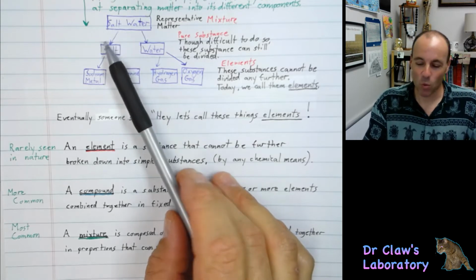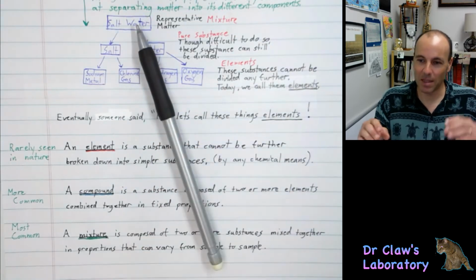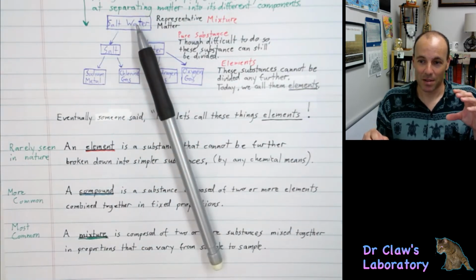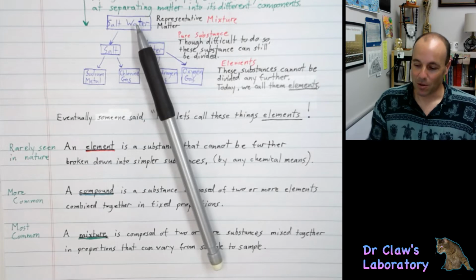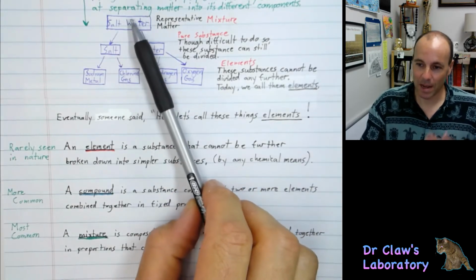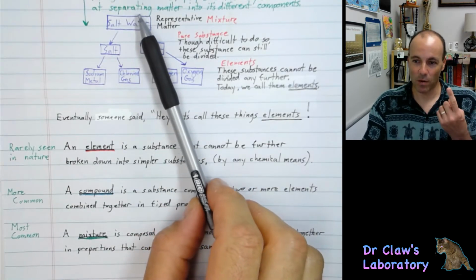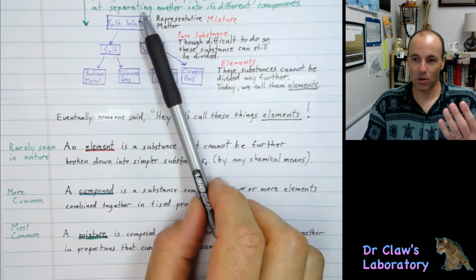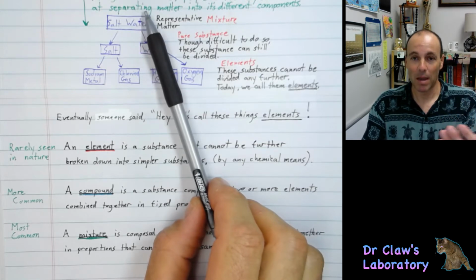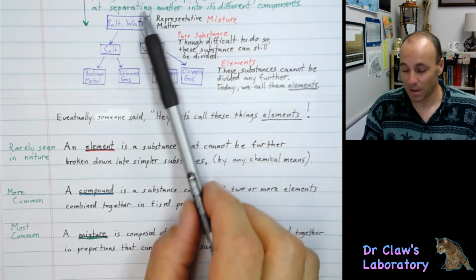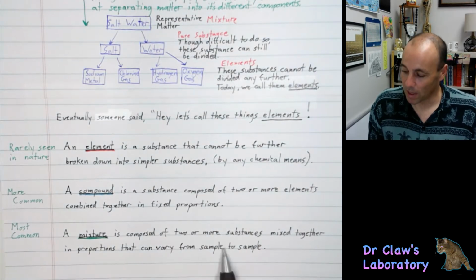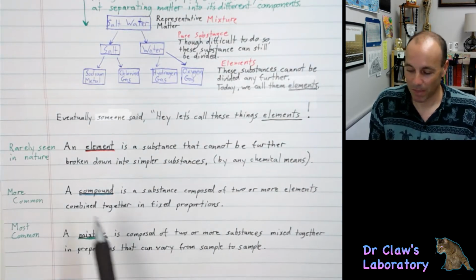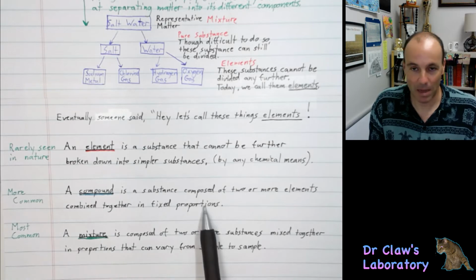So 100 grams of salt water that I make might only contain 1 gram of salt, but 100 grams of salt water that you make might contain 10 grams of salt. So the proportions can vary for mixtures, but not compounds. Compounds, it's always fixed.